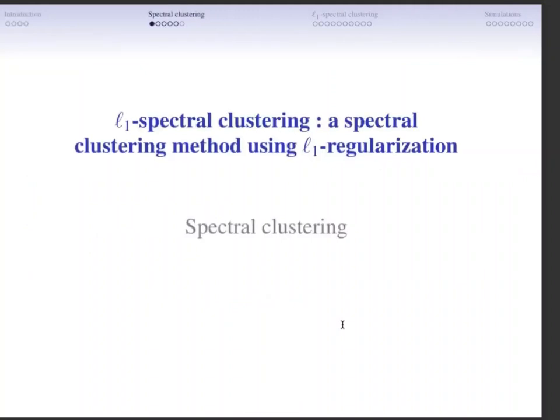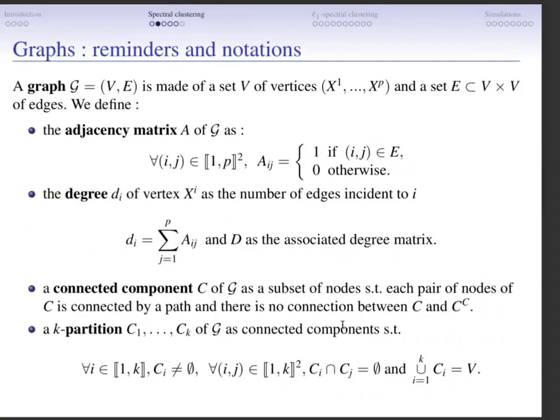So first, spectral clustering. I need to introduce a lot of graph notations first. A graph G is just a set of vertices. Here we assume that we have P vertices corresponding to the P genes of the data set.